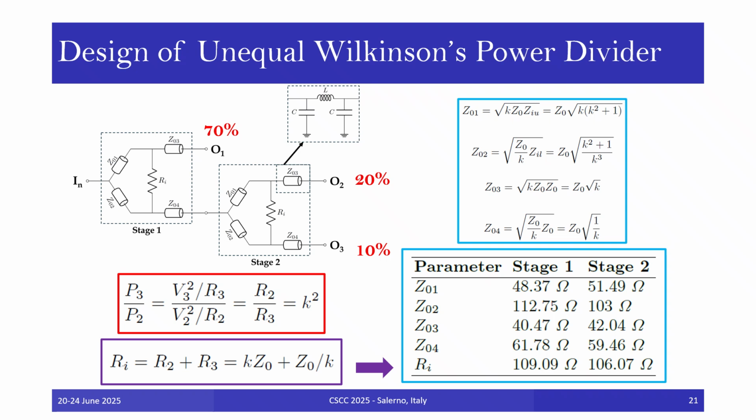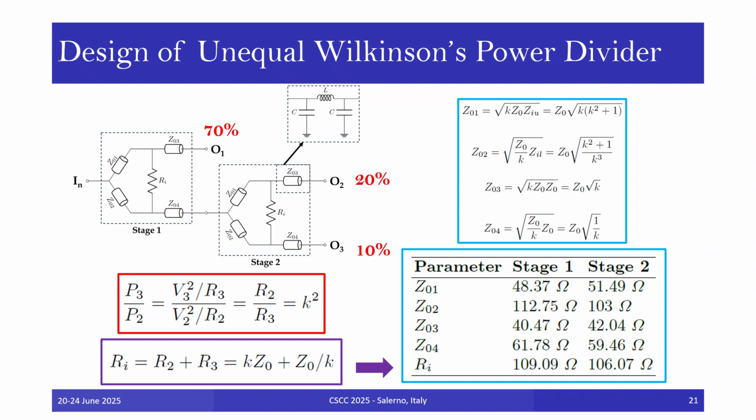Since the power fed into the input port needs to be split into the three respective outputs with a 0.7 to 0.2 to 0.1 ratio, K needs to be equal to 0.655 for the first stage and K must be equal to 0.707 for the second stage.